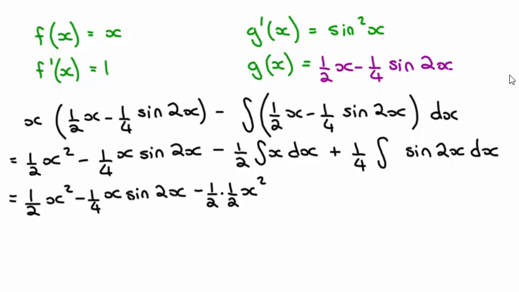Now, I want to get the integral of sine 2x, sine junk, but I need to see the derivative of my inner function, so I need to see a 2 there. I need to see a 2, so I compensate by timesing by a half.